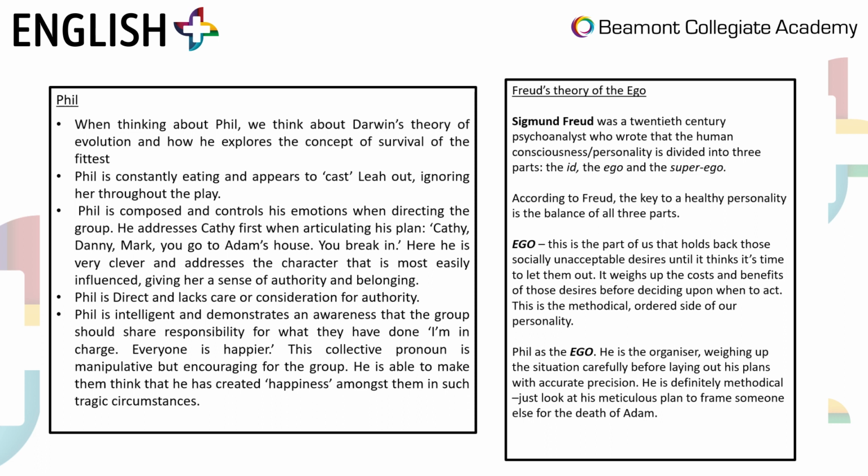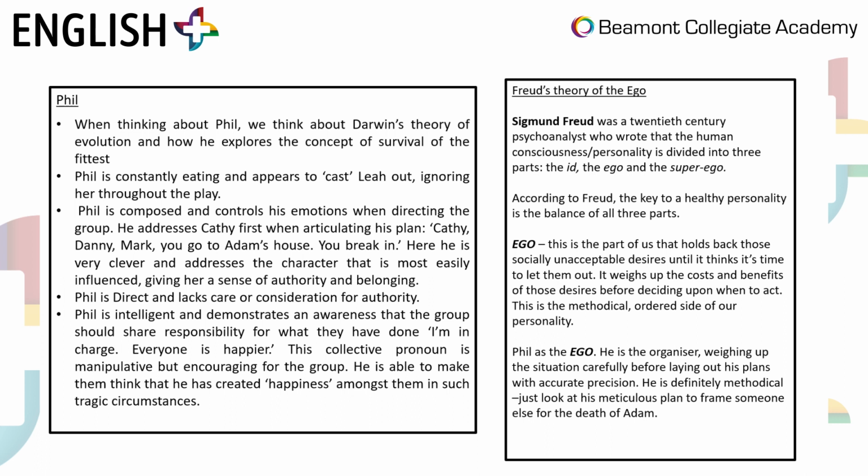Well, he does a lot of Phil's character through stage directions, and the stage directions of constantly eating and Phil saying nothing really cast Leah out. That is how he manipulates us. So looking at stage directions is important. He's very composed and he controls his emotions when directing the group.